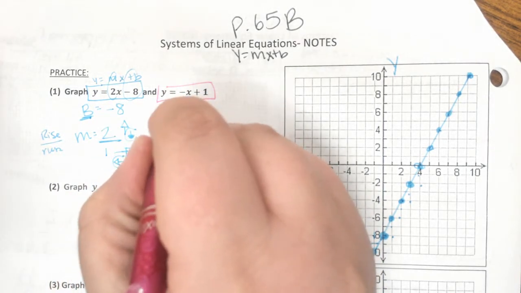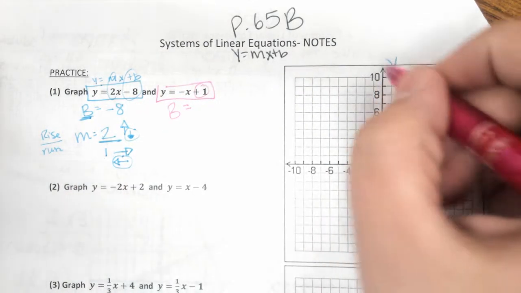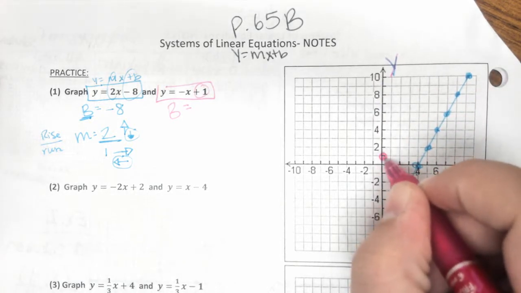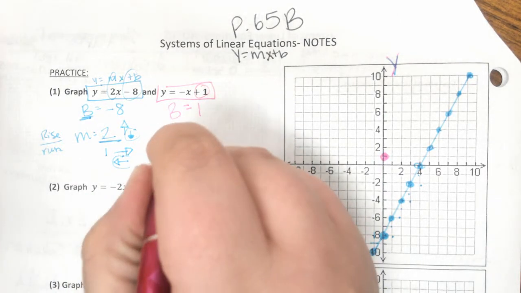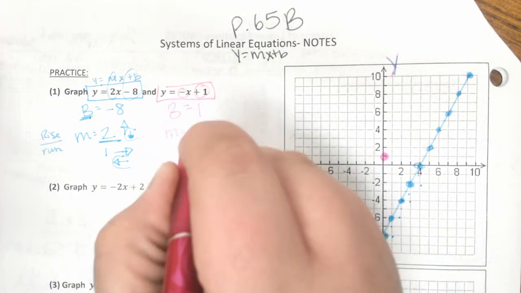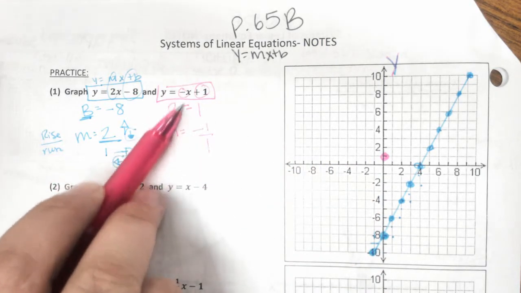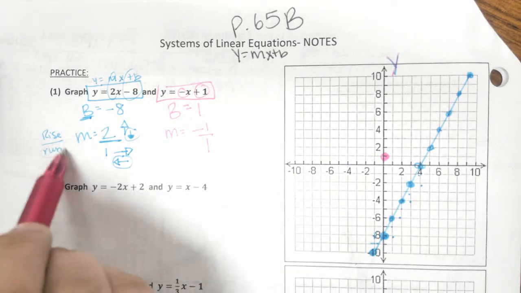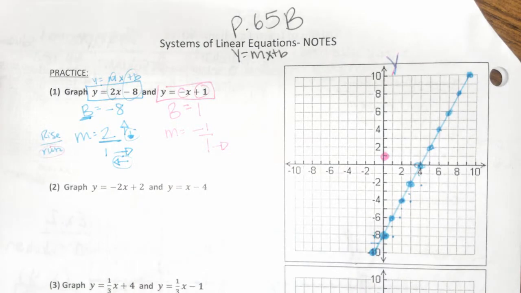The other equation has a beginning point, or a y-intercept, of positive 1. So on your y-axis, find positive 1. Now the slope is negative 1 over 1. There's an invisible 1 right in front of the x because there's still one x here. We always run, so the bottom number, to the right first.